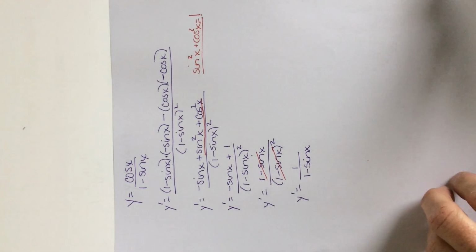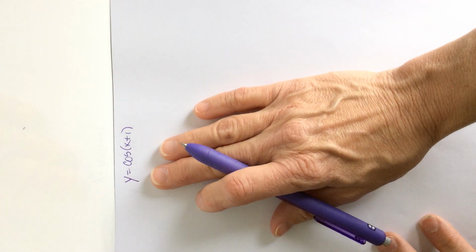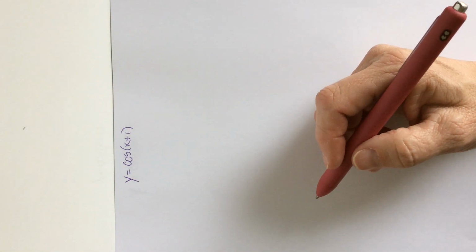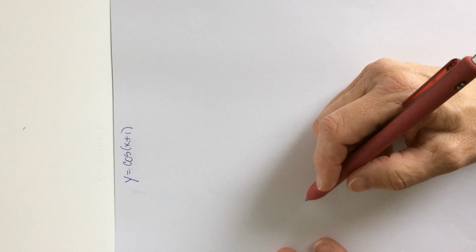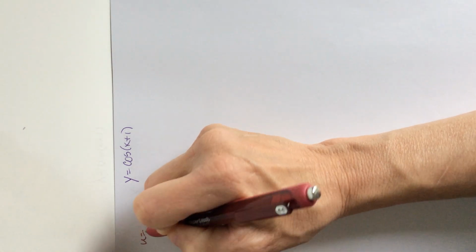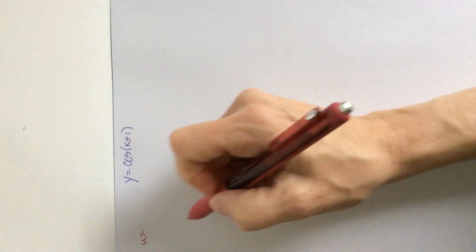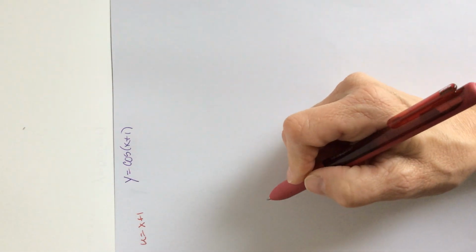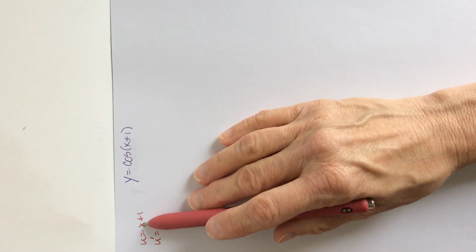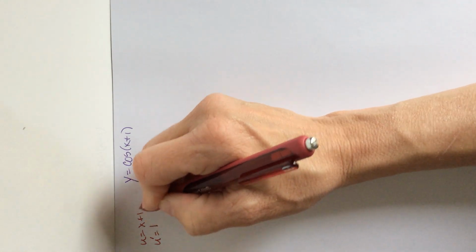All right, so moving on to the next example. Now we have y equals cosine of x plus 1. This is going to be where I think a u substitution might be beneficial. So I'm going to let u equal x plus 1. I know that I will need u prime, and the derivative of x is 1.